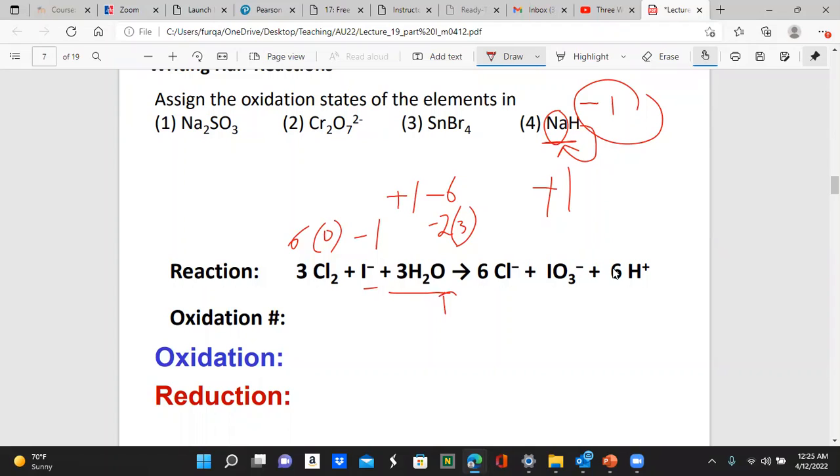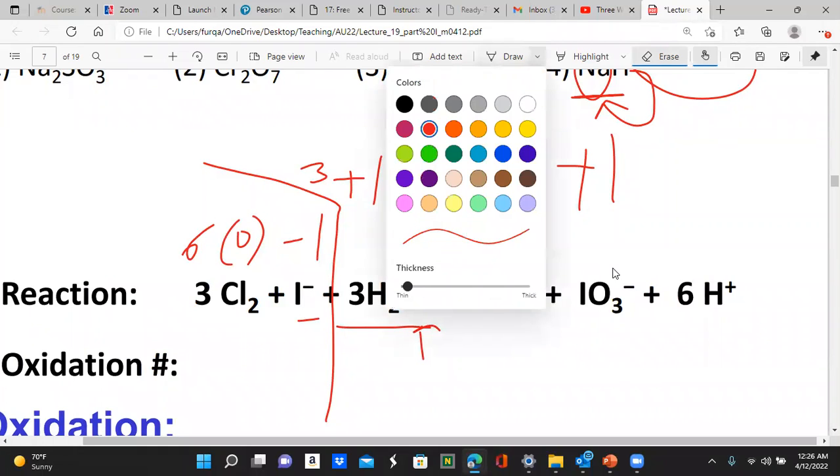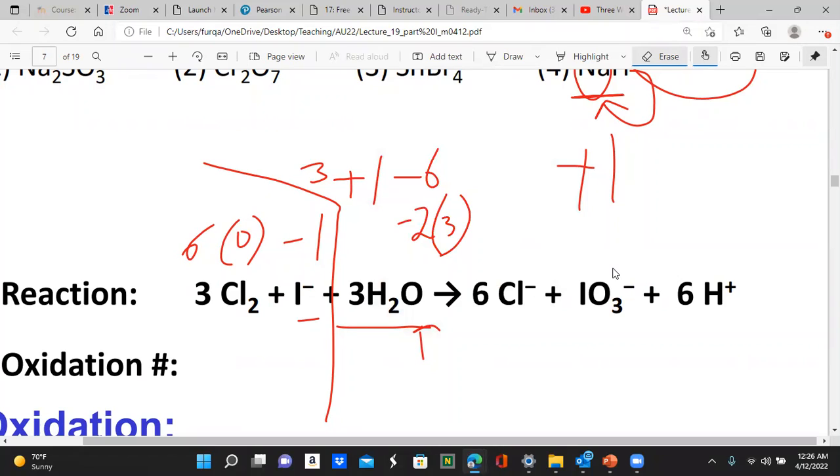Okay, so now that is +1, so times 3. Let's separate it from here. 3 times 2, 6.